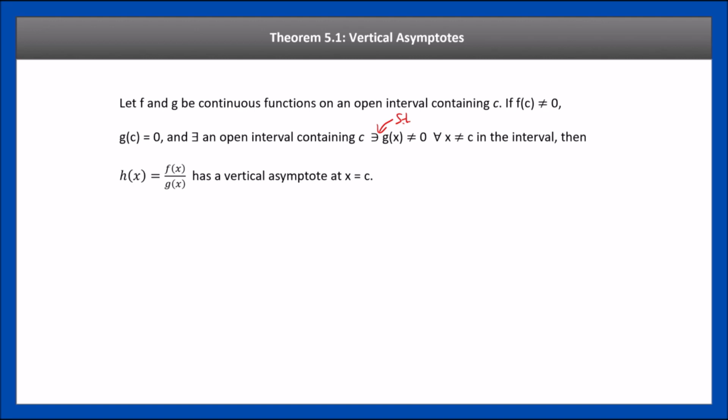So g of x is the denominator, and we know that if the denominator is 0, we have a vertical asymptote as long as the numerator does not equal 0. That's essentially what the theorem is saying. So for a specific value, if that's true, we have a vertical asymptote.